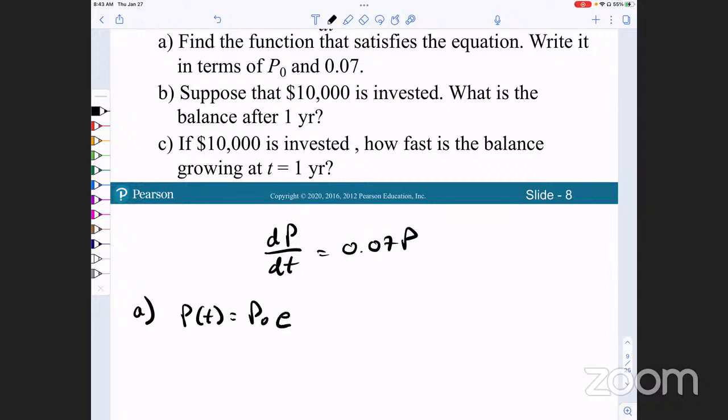P naught times e to the 0.07t. Growth model. It's kind of like PERT, Pe to the rt, where P is the initial amount, or in this case, it's going to be P naught. The r from PERT is 0.07 and the time is t. Okay, I think this is what they were looking for. I'm going to go with this.